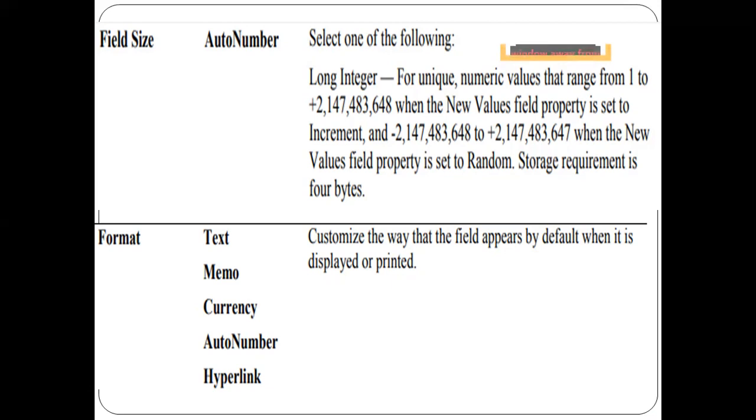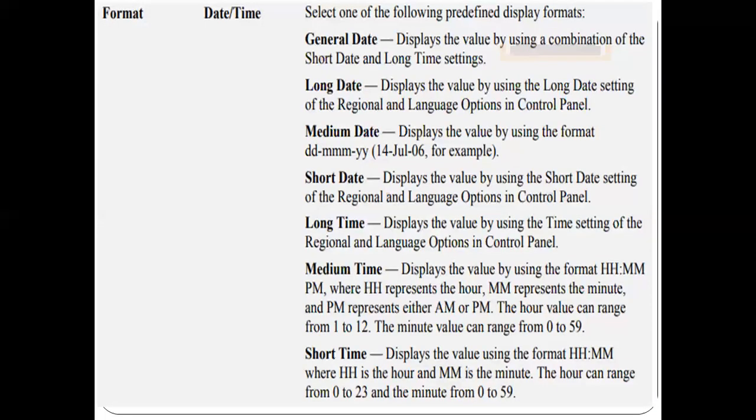So by default, auto number is an integer value, and it's a pretty good value. It will satisfy most of your requirements. But if your requirements are different, then you cannot go with the auto number. If you want decimal points, then you need to shift to the other data types. Then the format of text, memo, currency, auto number, and hyperlink.